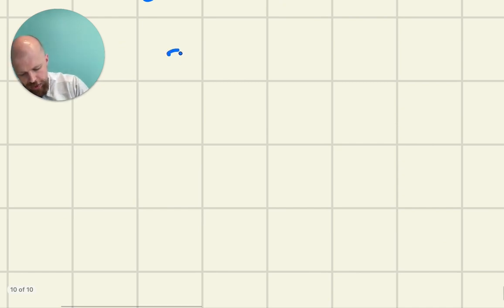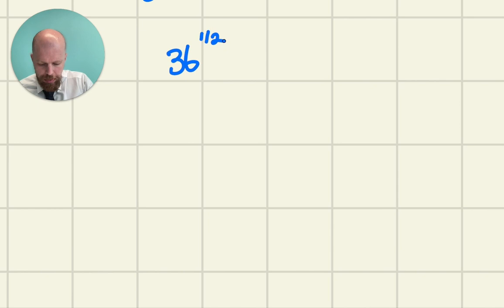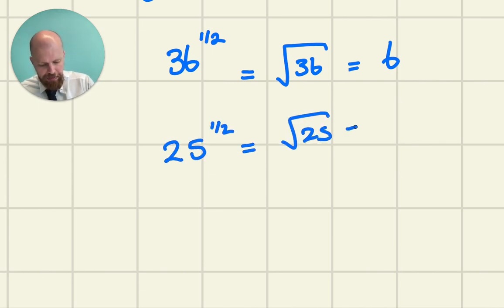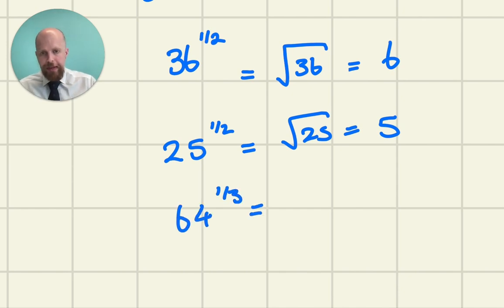Let's take 36 to the power 1/2. This means the square root of 36, which is 6. If we take 25 to the power 1/2, we're doing the square root of 25, which is 5. If we wanted to do 64 to the power 1/3, that will be the cube root of 64, which is 4.